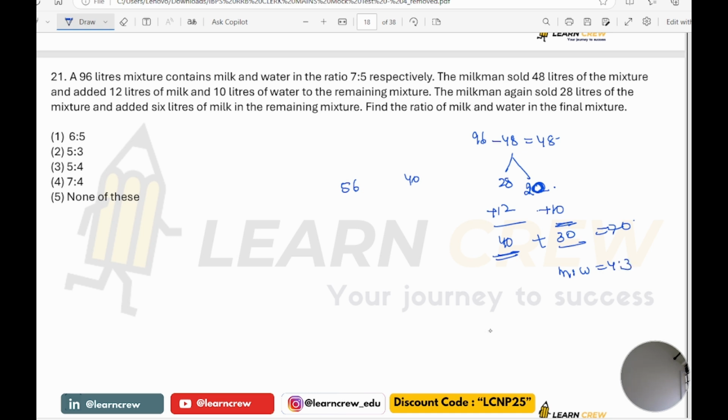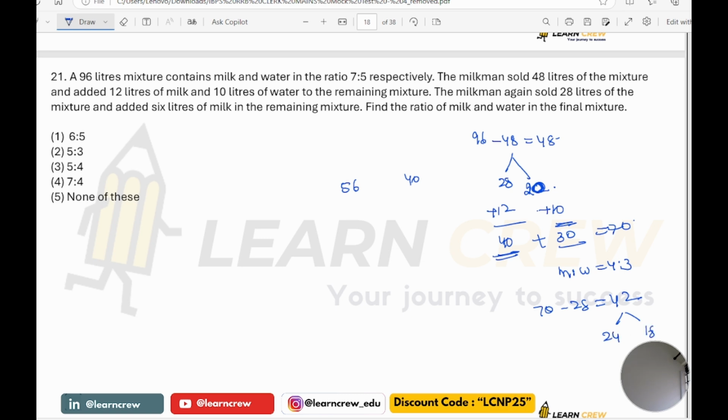Now after selling 28 liters of mixture and adding 6 liters of milk to the remaining mixture, the remaining mixture is 70 minus 28, which is 42. This 42 will again be in the ratio 4 is to 3. 7 parts 42, so 4 parts 24, 3 parts 18.